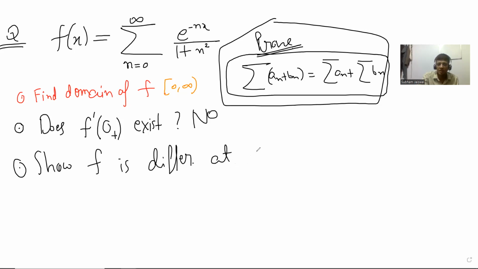You can try to follow the same process and see. I suppose you should at least try it, and maybe you will succeed. Differentiable on 0 to infinity.